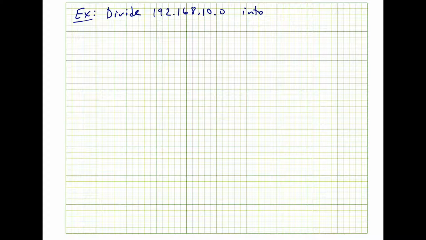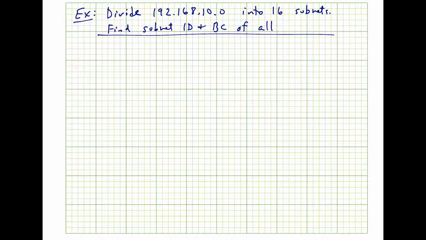Well, let's do 16 and find the subnet ID and broadcast of all of them. That's 32 addresses altogether, but we can do it. So what we're going to do is we're going to count by 16. Let's see, 16 subnets.